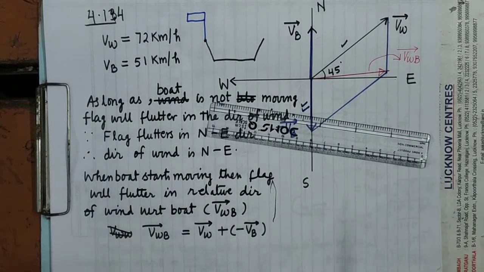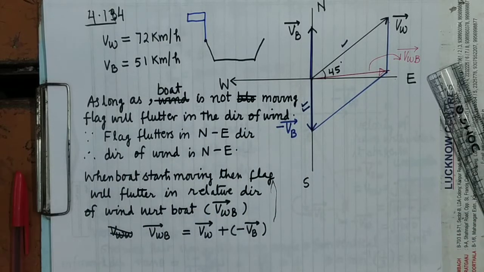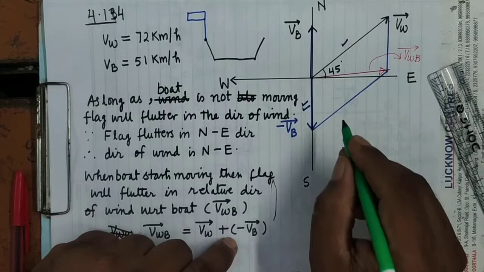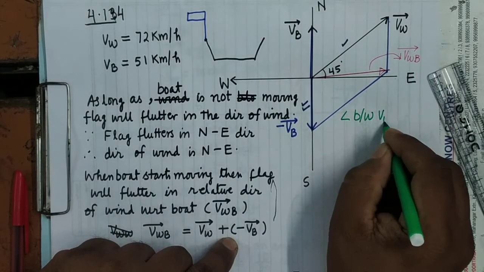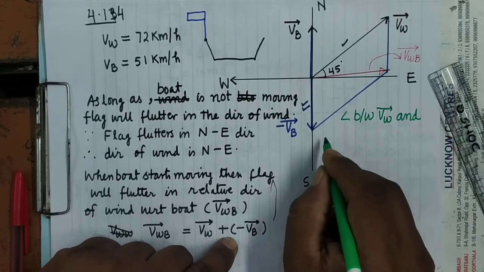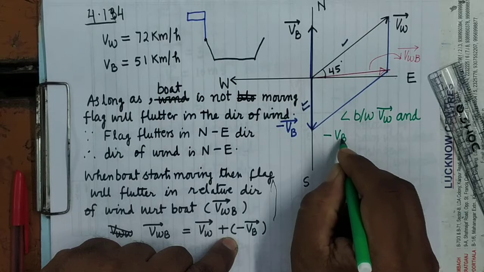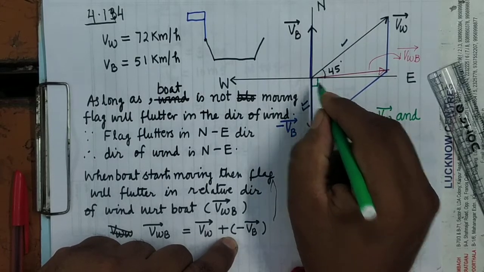So first you see angle between vector VW and negative vector VB. So see here, this angle is 45 and this angle is 90.